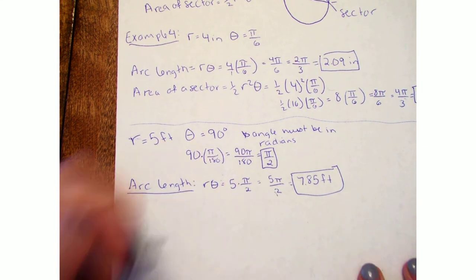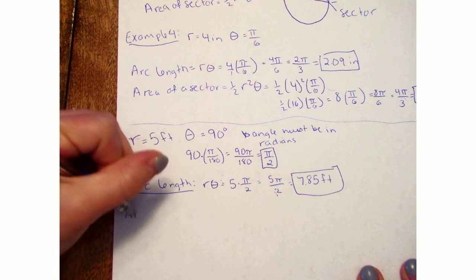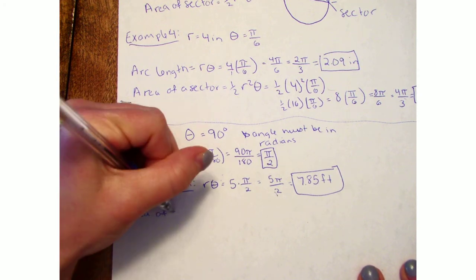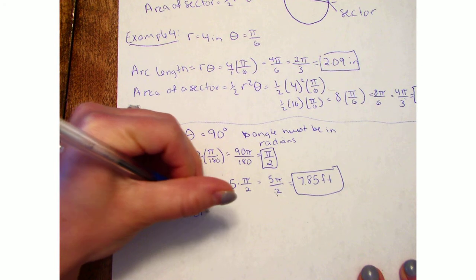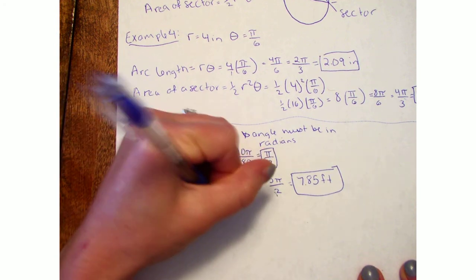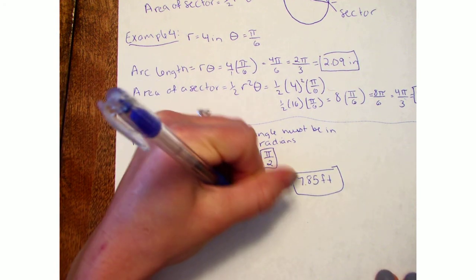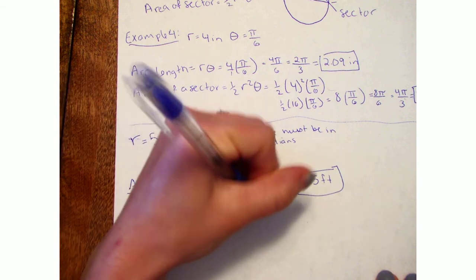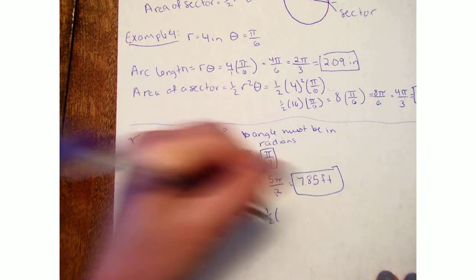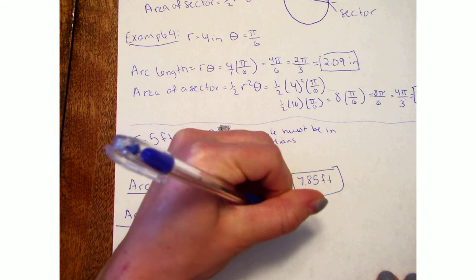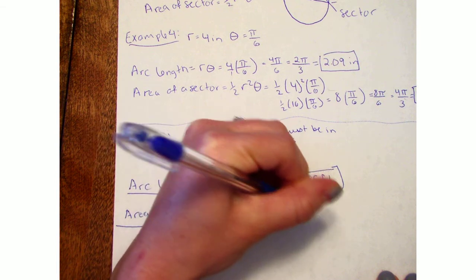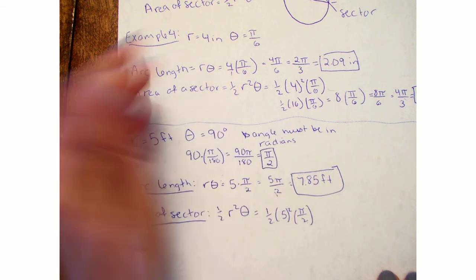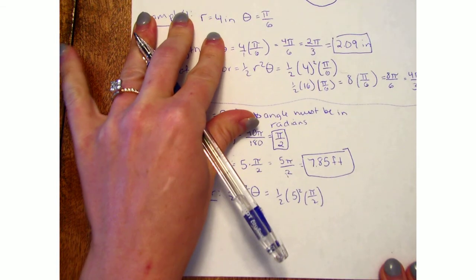All right, last one, area of a sector. Is 1/2 r squared theta. R being 5 again. So 1/2 times 5 squared.